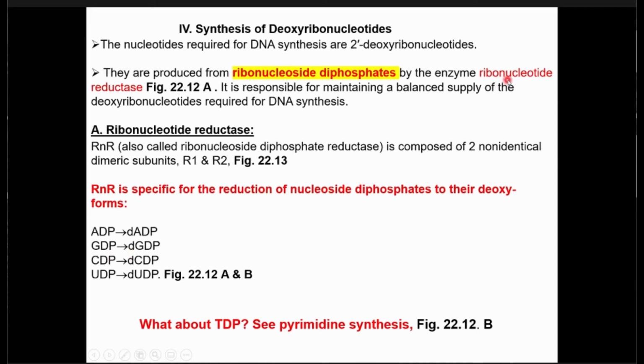We call this enzyme again. So this enzyme, ribonucleotide reductase, is responsible for making the deoxyribo from the ribo.